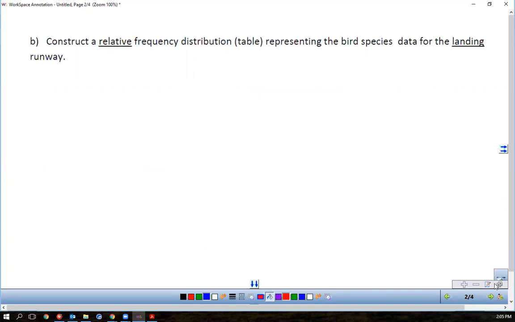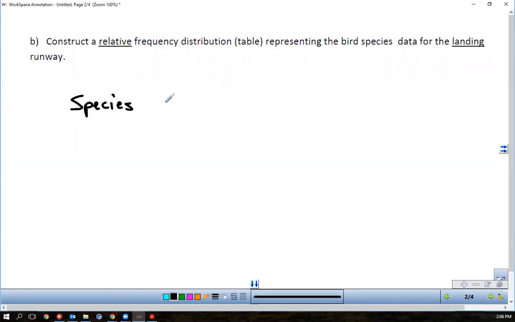So now they ask us to construct a relative frequency distribution table representing the bird species data for the landing runway. So what I would do is bring down my species column.